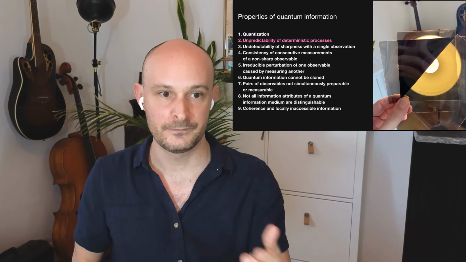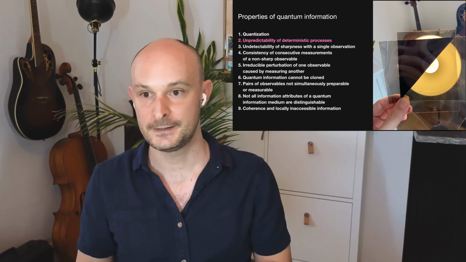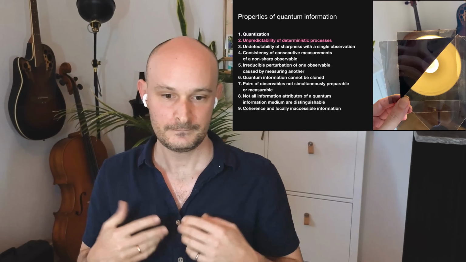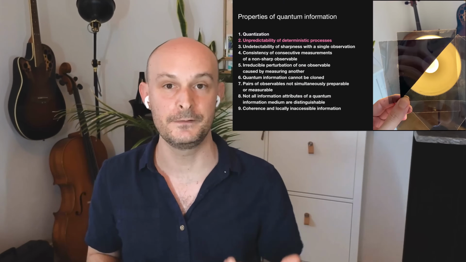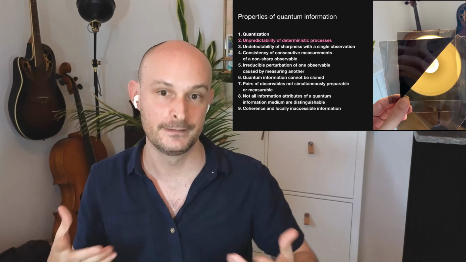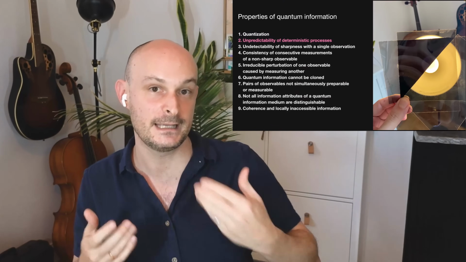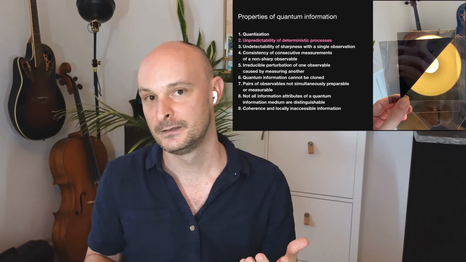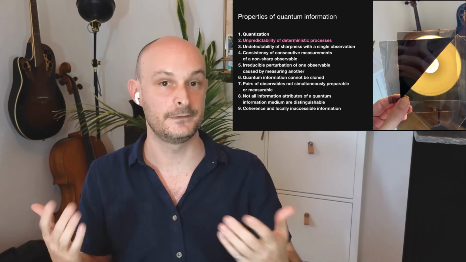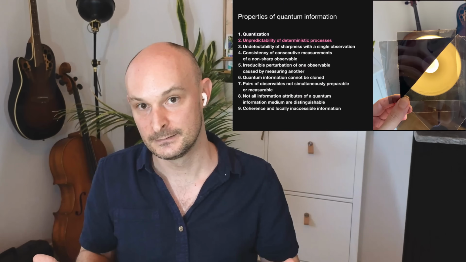Another property is unpredictability of deterministic processes. For each photon, that bouncer at the club asks the same question of each photon, but each photon might give a different answer each time. We can understand what the odds of the photon's answers are and predict them.